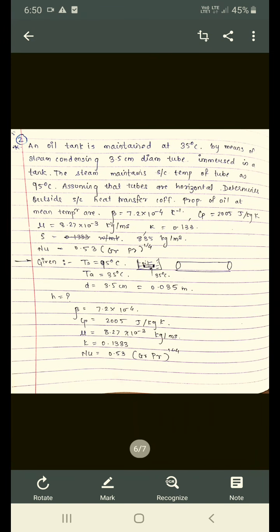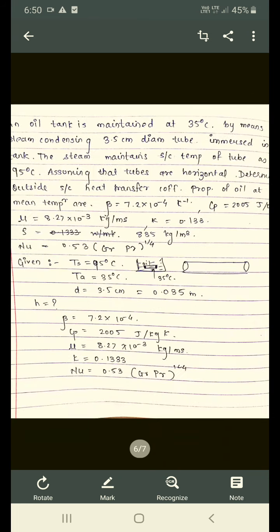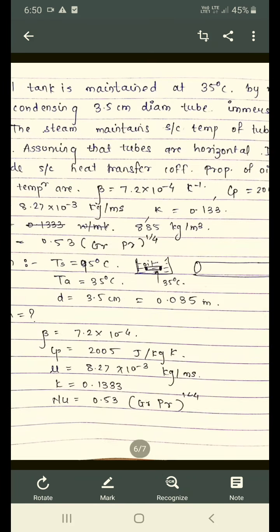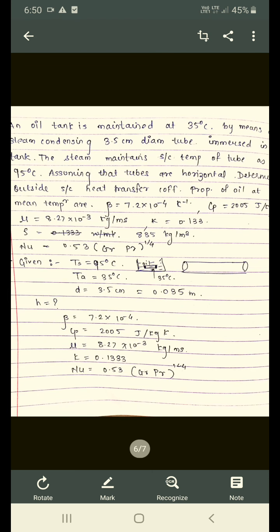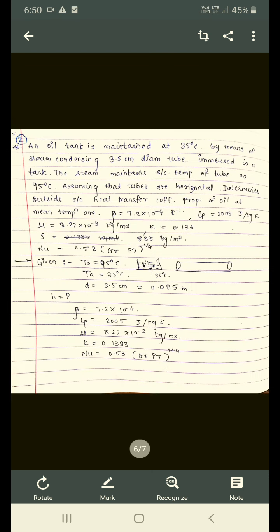Now we will take the second example. An oil tank is maintained at 35 degrees Celsius by means of steam condensing in a 3.5 centimeter diameter tube immersed in the tank. The steam maintains the surface temperature of the tube at 95 degrees Celsius. Assuming that tubes are horizontal, determine the outside heat transfer coefficient.